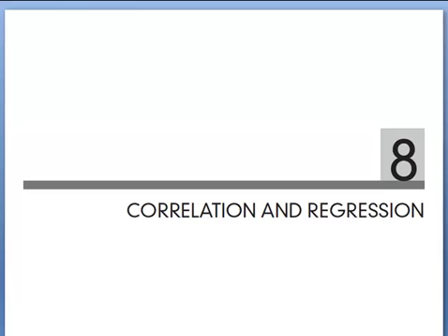So let me just recap a little bit on relationship. In Chapter 6 we defined relationship, and we basically said when certain values of one variable tend to occur more often with particular values of another variable, we've got relationship.